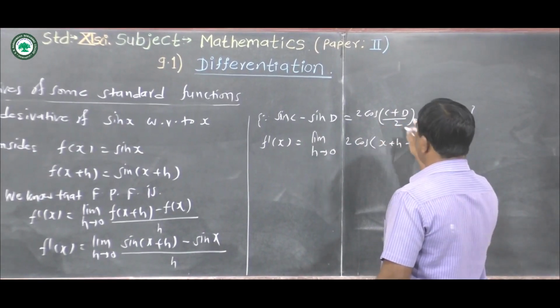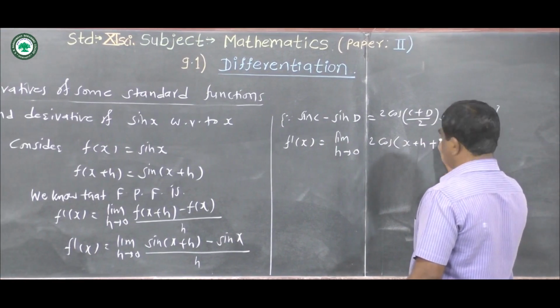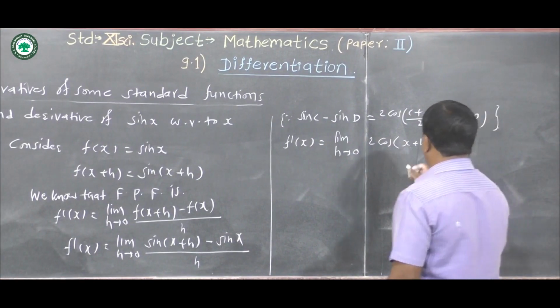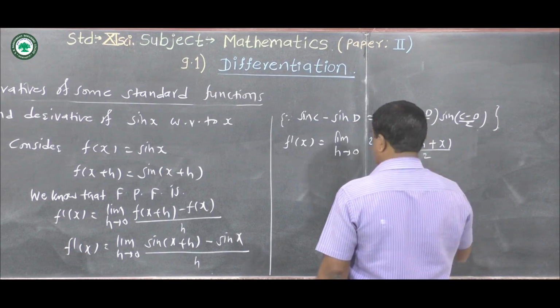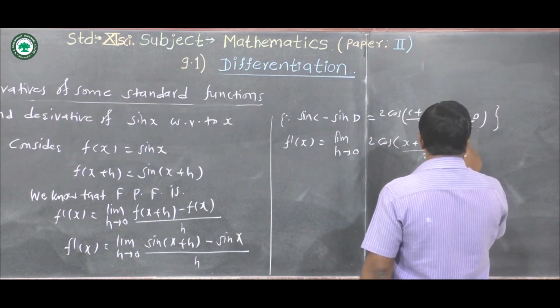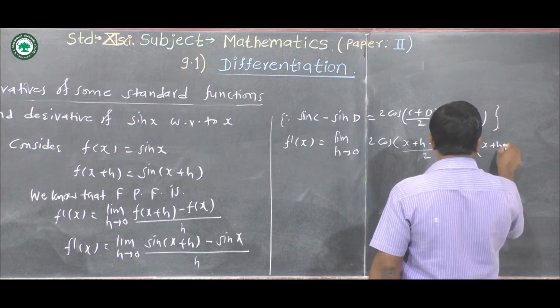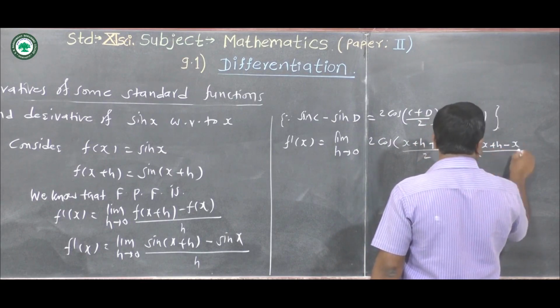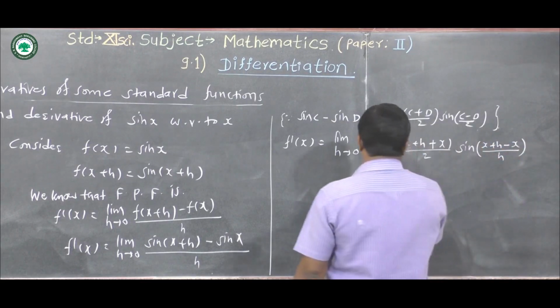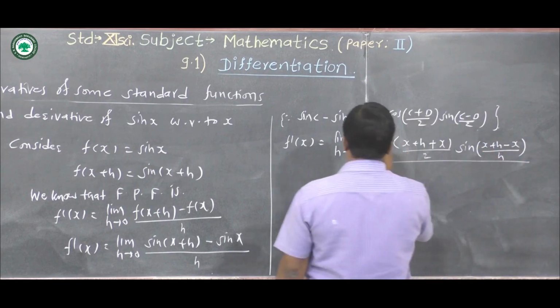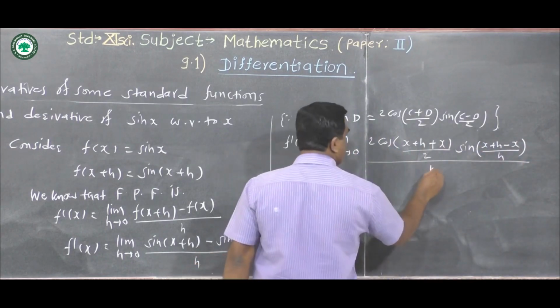cos c plus d, that is x plus h plus x upon 2 into sin c minus d, sin of x plus h minus x upon h upon this h as it is.